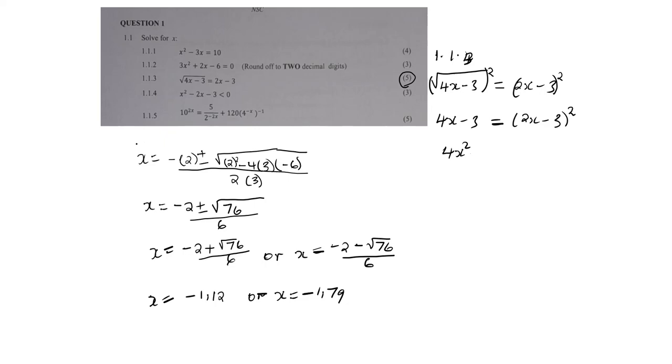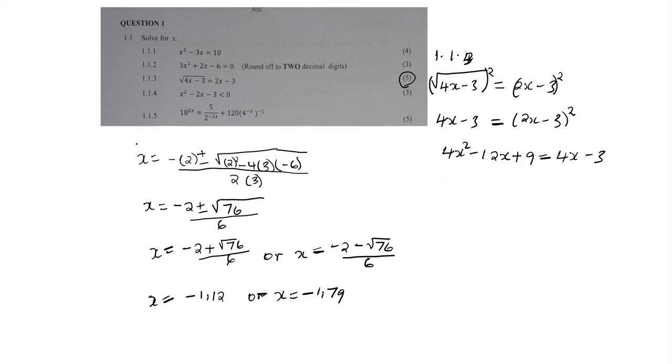Then you'll come back and say 2 multiplied by 2x multiplied by negative of 3, which gives us 2 multiplied by 2, it's 4, multiplied by negative of 3, which gives us 12. So we are going to have negative of 12x. And thereafter we have plus 9, because we'll have negative 3 all squared. Then equal to 4x minus 3.